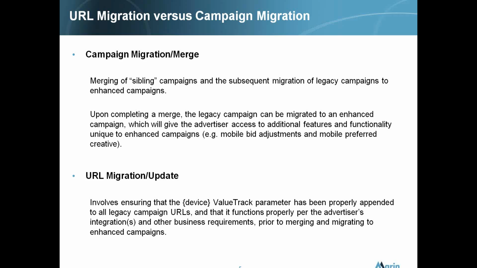So those are the 2 distinctions. Again, lots of terminology being thrown around, so keep that in mind. There is a difference between campaign merging or migration and URL updating and migration. One can be done independent of the other, so just 2 things to keep in mind there.